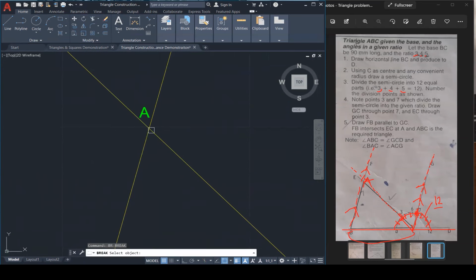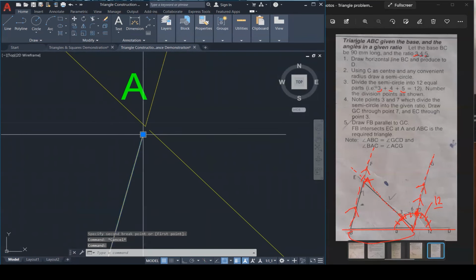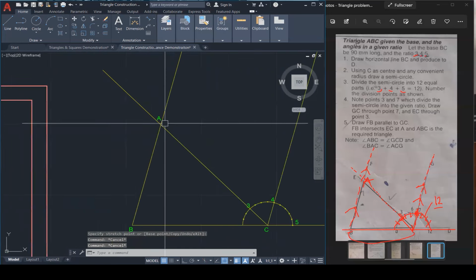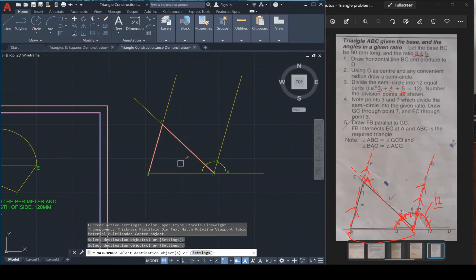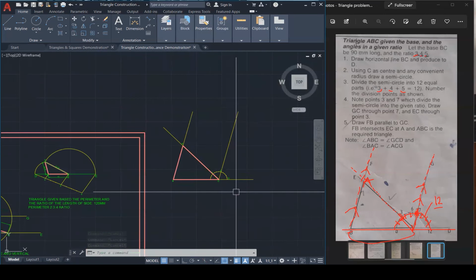So what I'm going to do is break these lines. Why do I break these lines? So that when I'm match dropping, I can get my triangle lines and still retain my construction lines as a separate line, all stemming from one point.